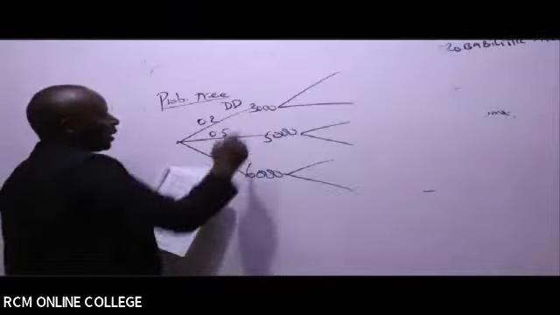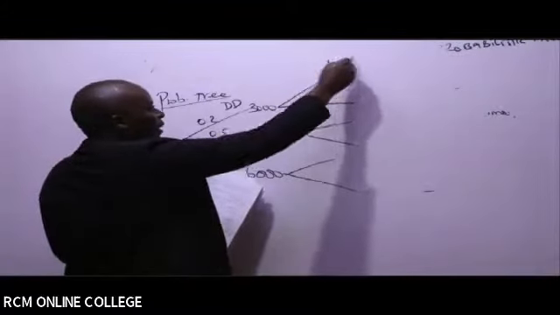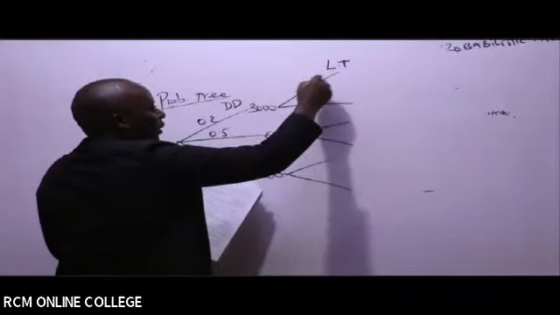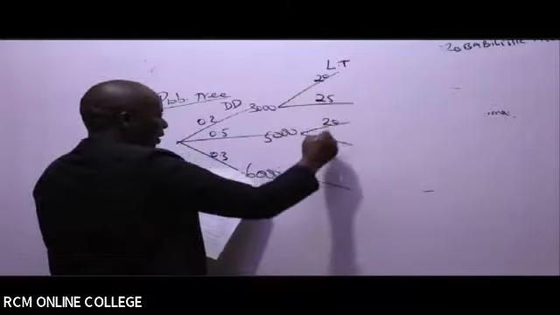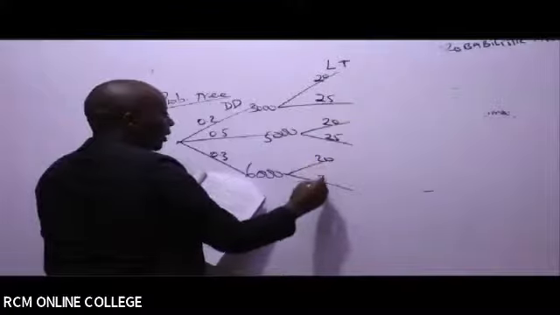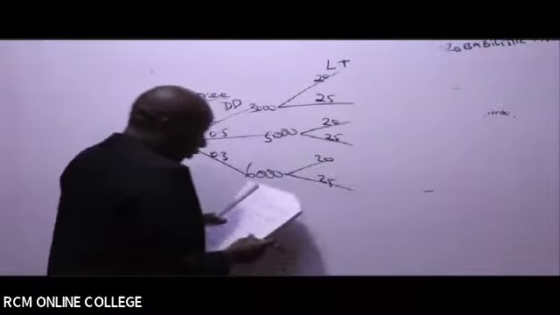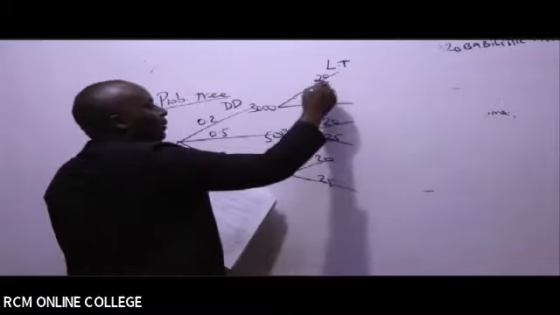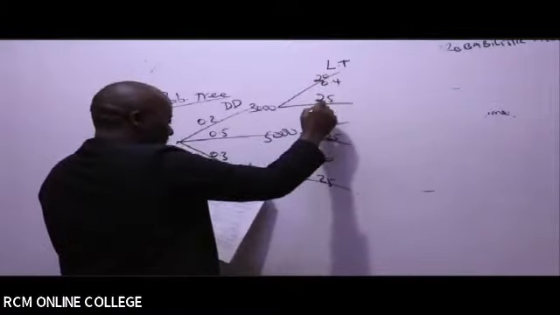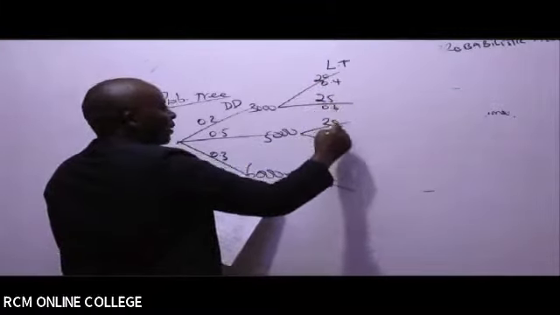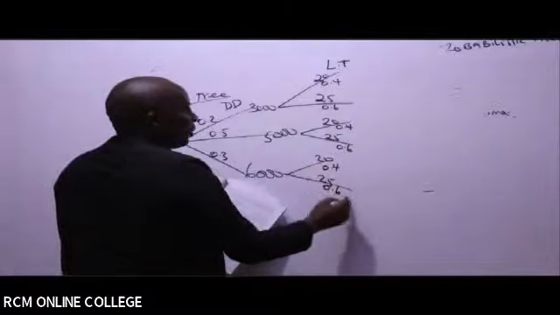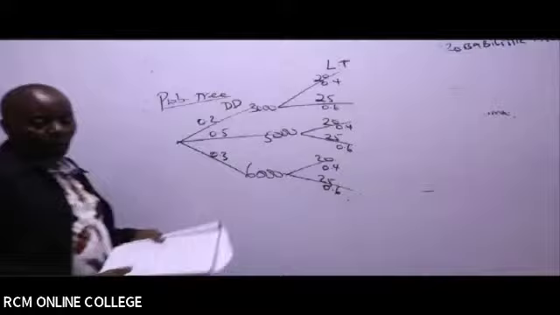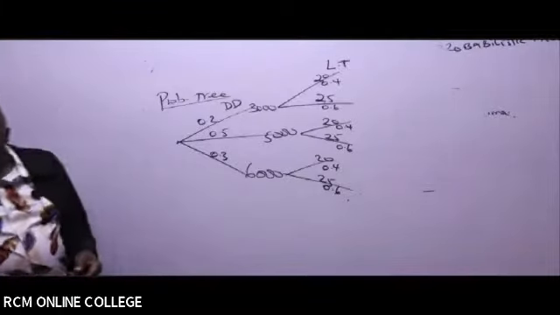Here we have our LT, which could either be 20 or 25, for each demand. We have been given the probabilities there: 0.4 and 0.6, for each. Let me know once you're able to draw this diagram.